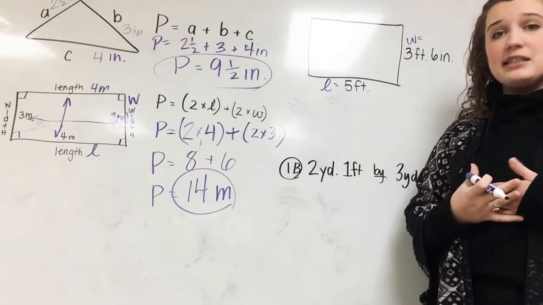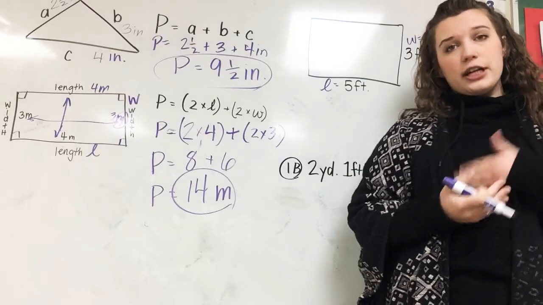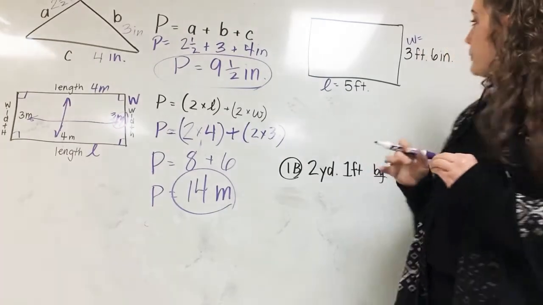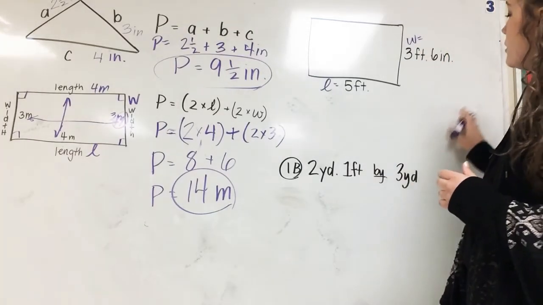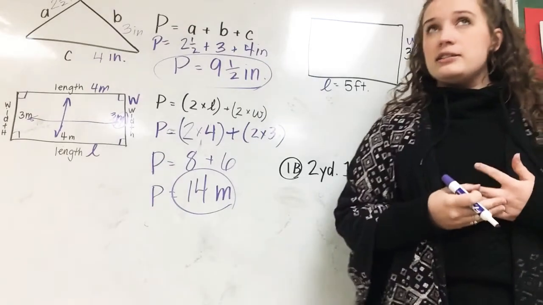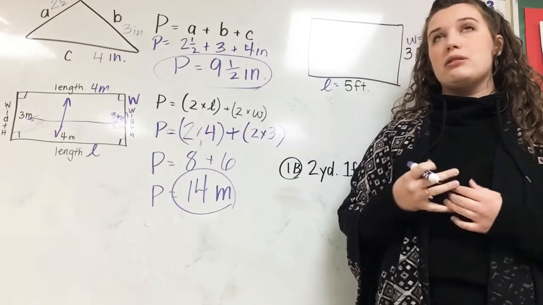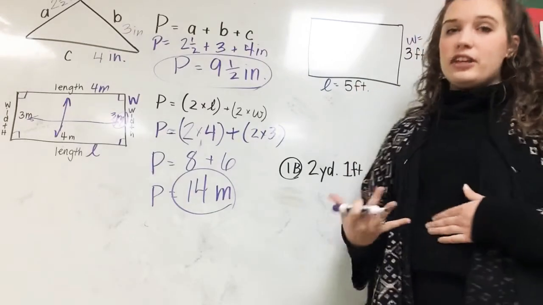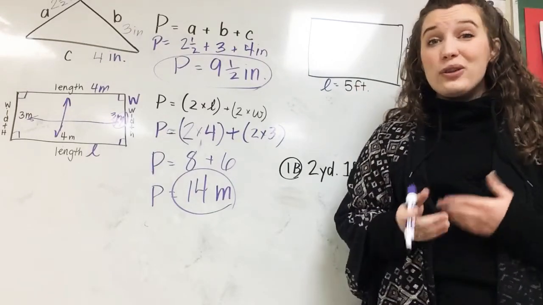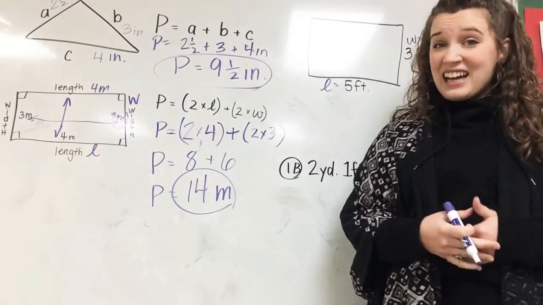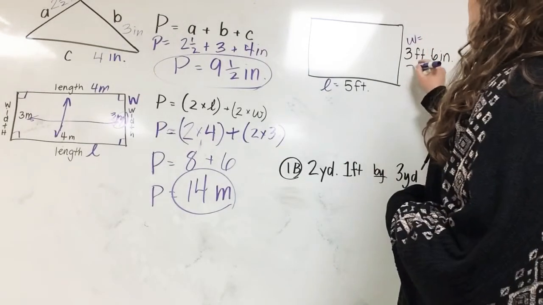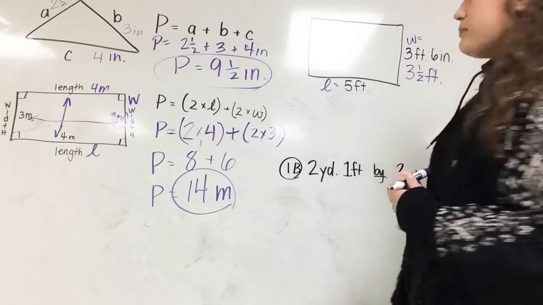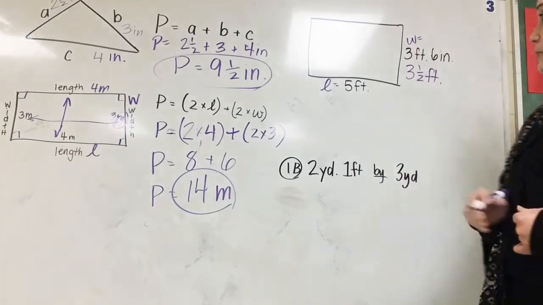We need to get them all to the same, and the goal for converting the measurements in your perimeter is finding the easiest way possible. We can do 3 feet into inches, which would be 3 times 12 is 36, plus 6 is 42, and then we can convert 5 feet into inches, or we know that 6 inches is exactly half a foot. So we can just say 3 1/2 feet, right? Okay, so that's going to be your easiest on this one.